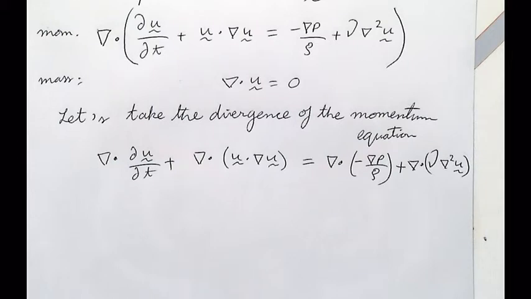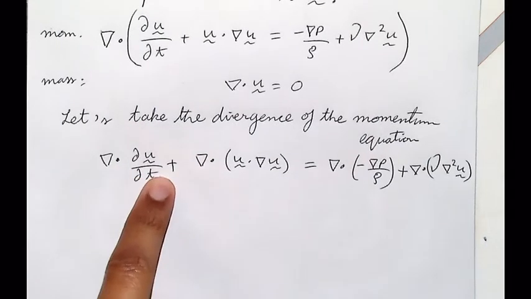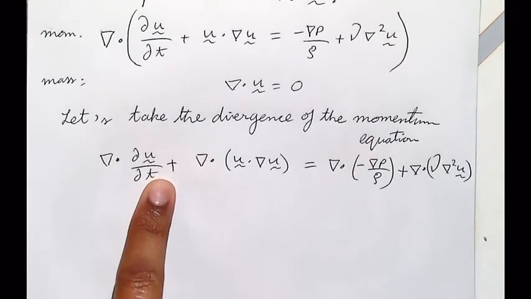What can we do with that? That would be 0. Alright. Del dot u would go inside the partial. Yeah, exactly. So we take the nabla dot u inside the partial and then it would be 0, right?